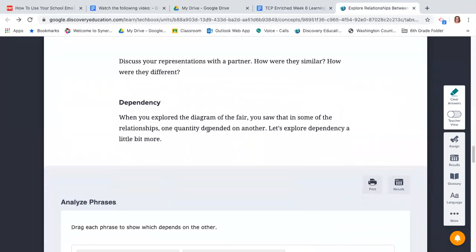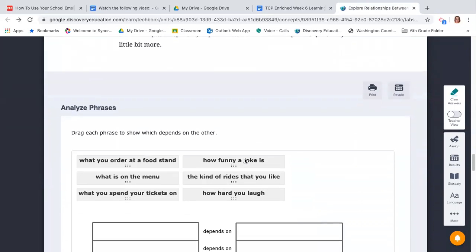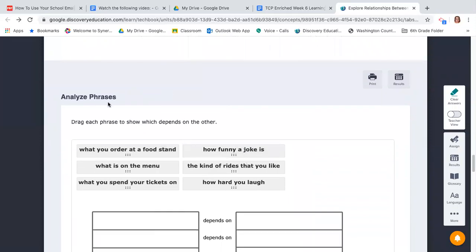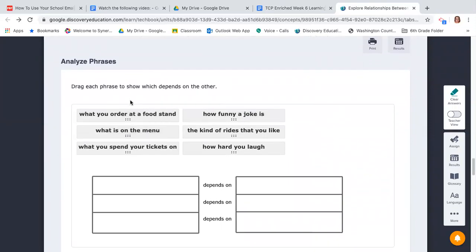The next thing that you're going to do, it says dependency. When you explored the diagram of the fair, you saw that in some of the relationships, one quantity depended on another. Let's explore dependency a little bit more. You are going to analyze these phrases and drag each phrase to show which depends on the other.